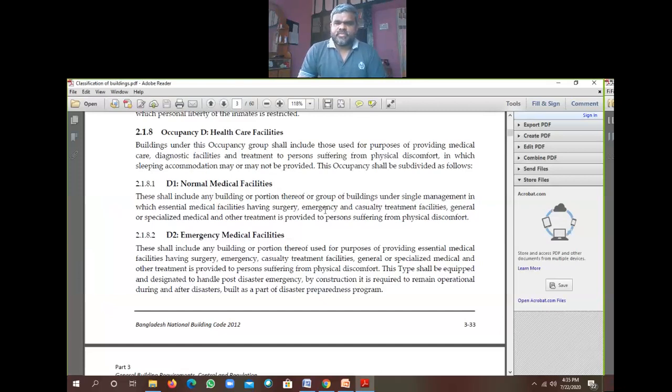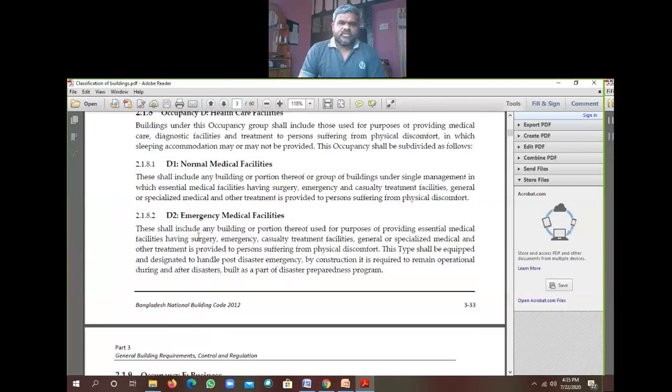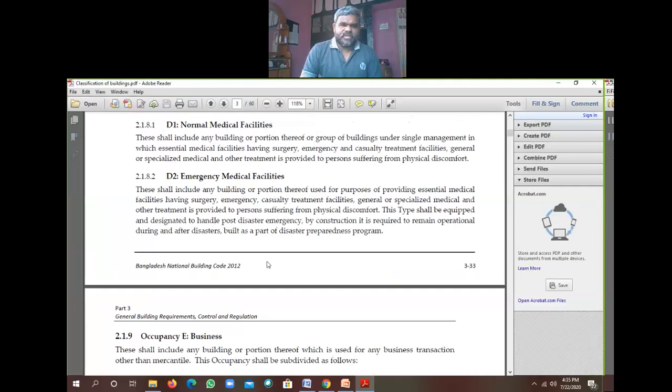These shall include, under single management, essential medical facilities having nursing, surgery, emergency, casualty treatment, like that, right. Next, emergency medical services facilitate surgery, emergency treatments, general and very big type hospitals, like that. This type shall be equipped and designated to handle post-disaster emergencies, and constructed so as to remain operational during and after a disaster also, right.